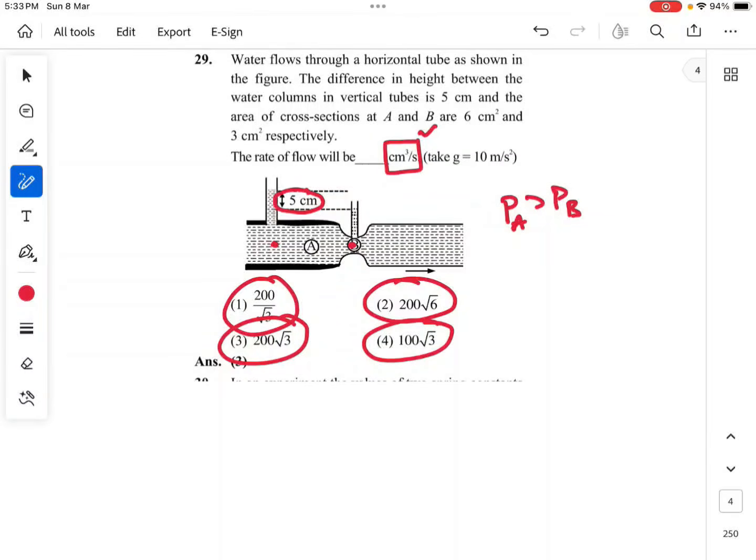The PA is given by P naught plus rho g h, where h I will consider as 0.05, and PB, assuming it to be P naught.